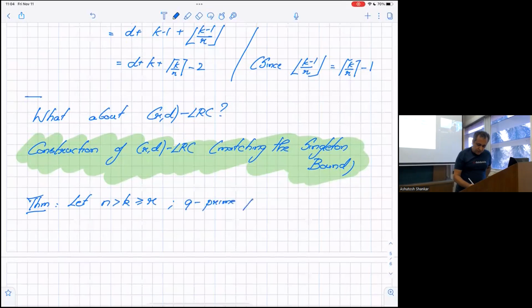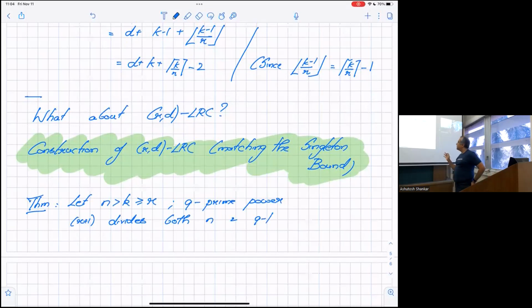We will make some niceness assumptions. We'll assume that r plus 1 divides both n and q minus 1. I think you can get around it, but our construction will be cleaner this way.